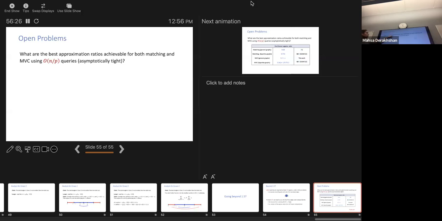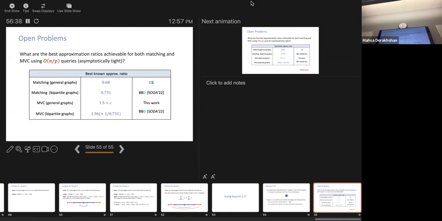we know that for matching and minimum vertex cover, both of them, this many queries are required. But we don't know what the best approximation ratios are that you can get using this number of queries, even for matching. For bipartite matching, we know this.